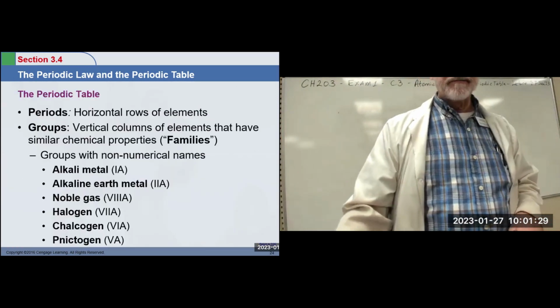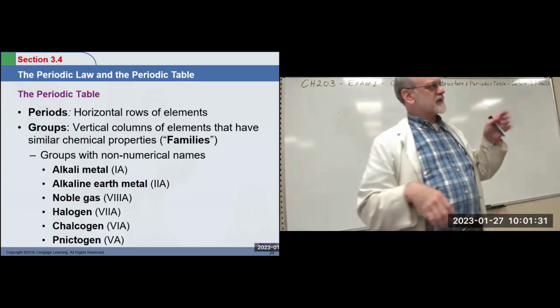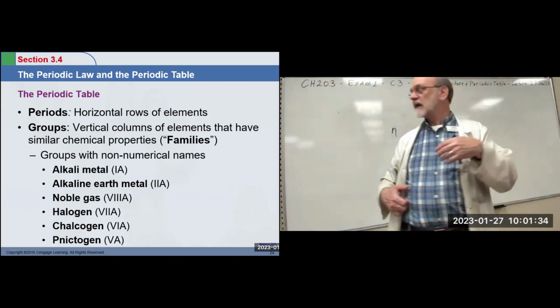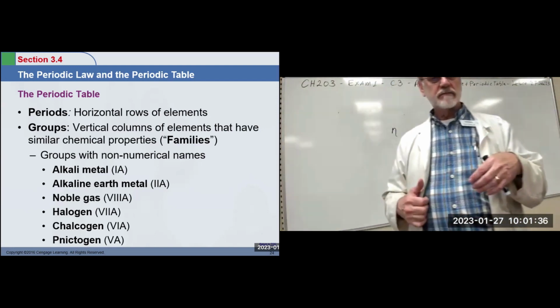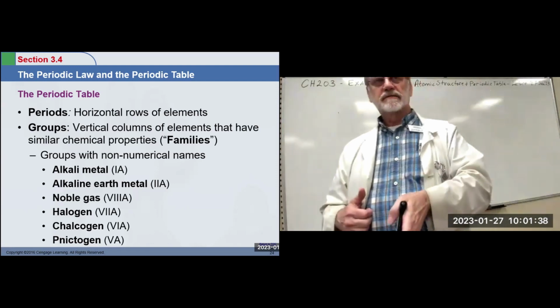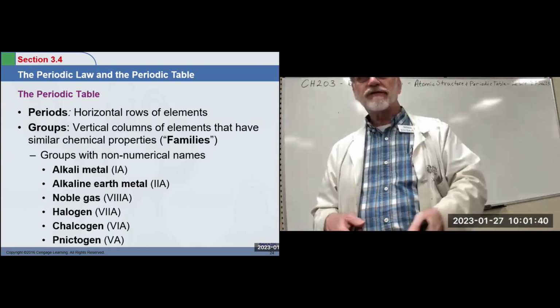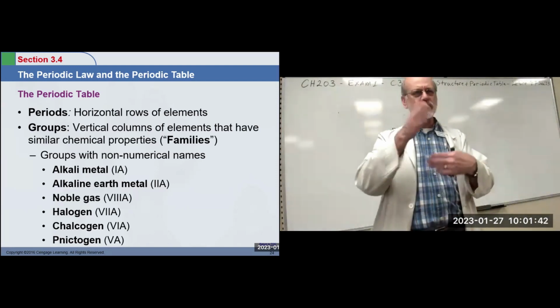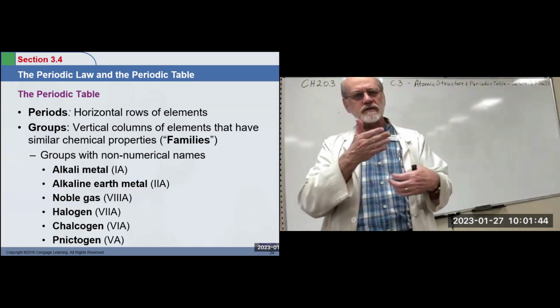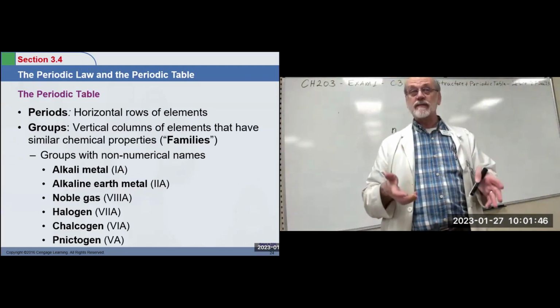There we go. Okay, so this periodic table can be grouped into families. We call them groups now, but they used to be called families. And they all had similar chemical characteristics. Some of them have names.